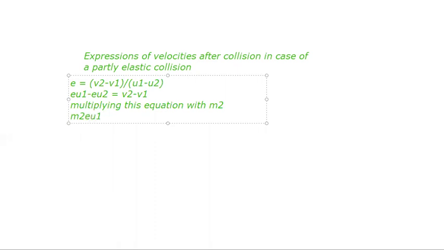You can write it in your copies so that you don't get messed up later. M2 e(u1 minus u2) is equal to M2 v2 minus M2 v1.